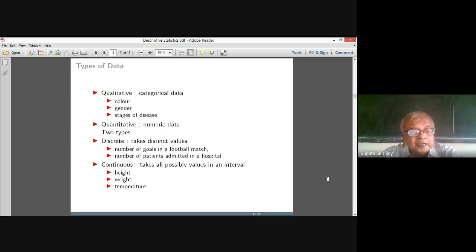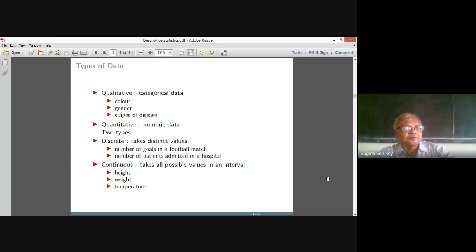But those who want to be more precise can look at it as 27.5 degrees or 27.56 degrees and so on. So basically it takes all values between 27 and 28. Sometimes the measuring instrument does not allow us to measure all these values because of its limitations, but you know that height, weight, temperature can take all possible values.